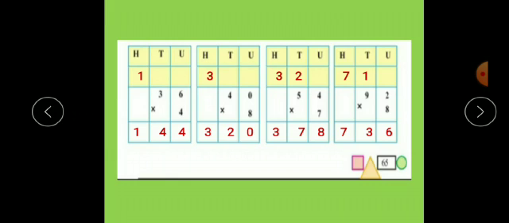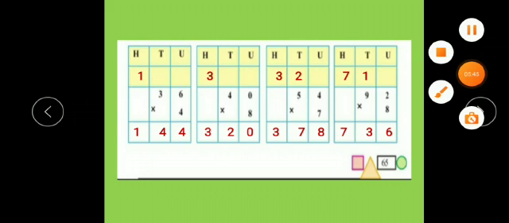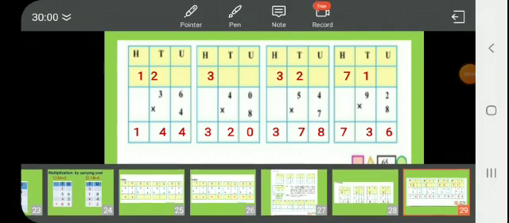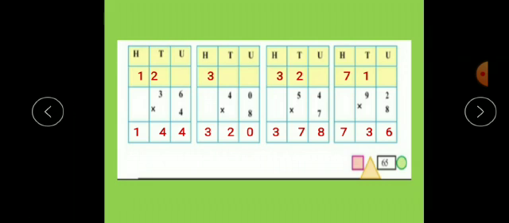Now see the next one. These examples are also on page number 65. 36 multiplied by 4. Again you have to follow the same method. First recite the table of 4, 6 times. 6 fours are 24.